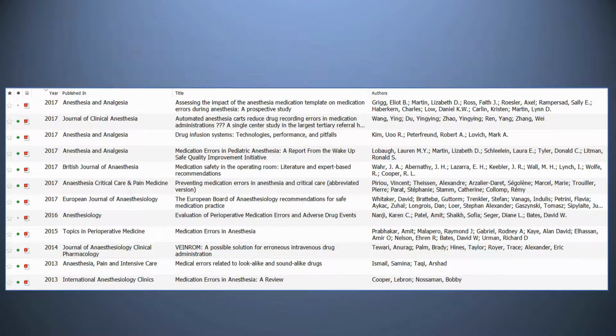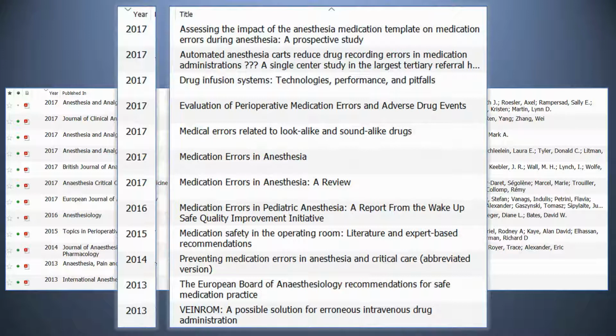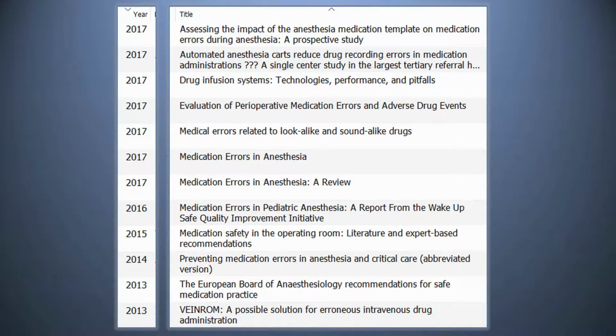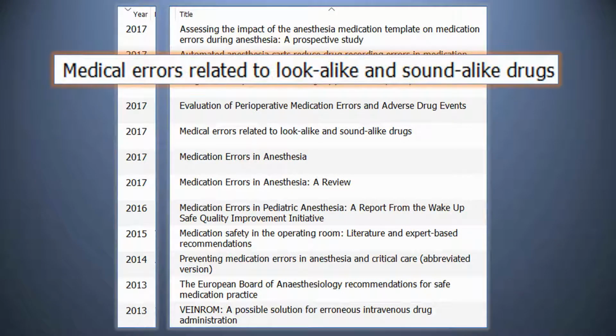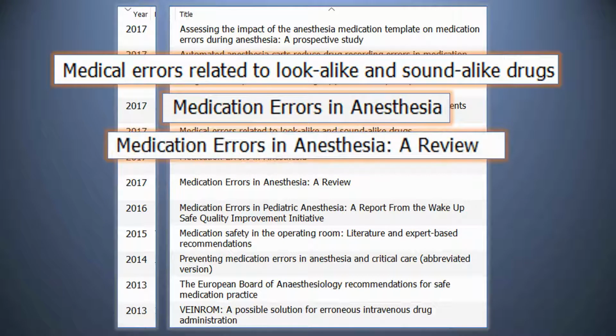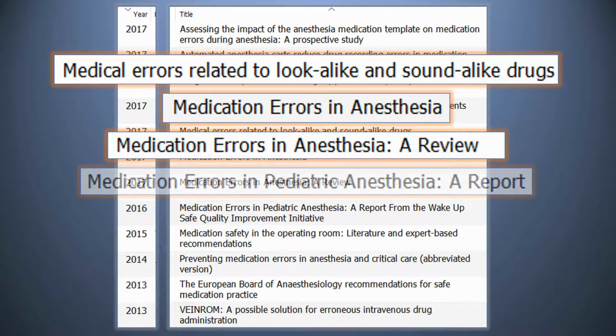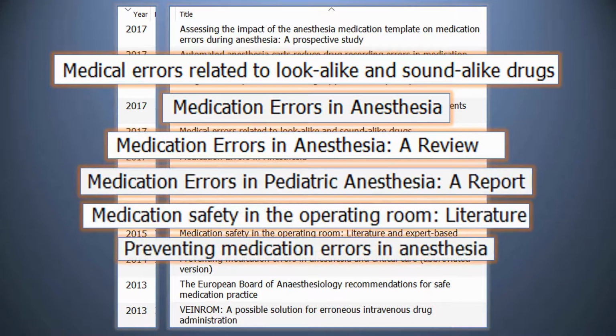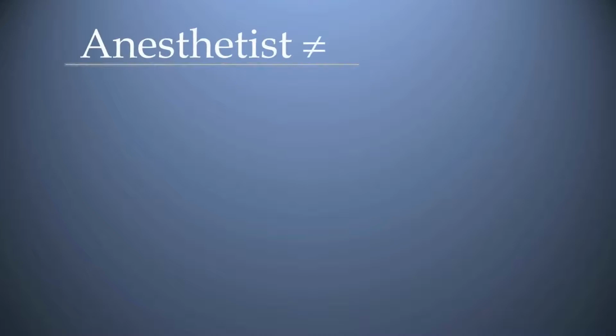And just to give you an idea of how many articles there are out there that show that this is something being studied: medical errors related to look-alike and sound-alike drugs, medications and anesthesia, medication errors in anesthesia review. So you're getting my point here. And part of my overall project, part 2, I will be looking at that literature to kind of paint the picture as to what I could potentially do to solve the problem.